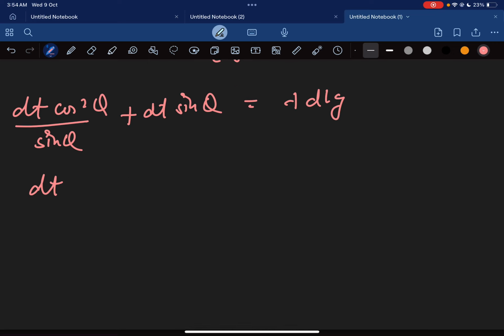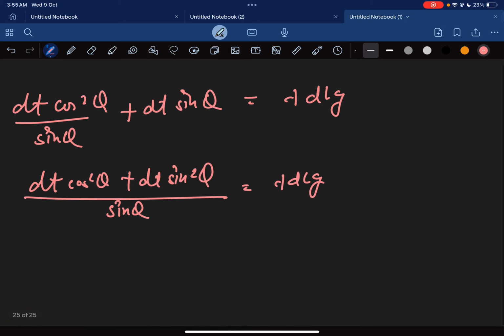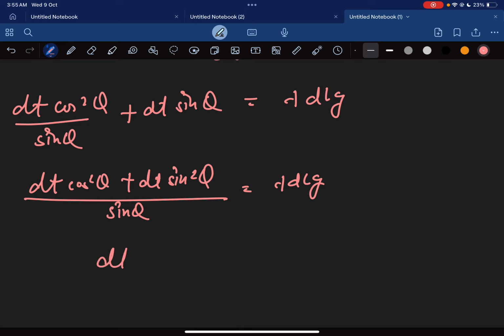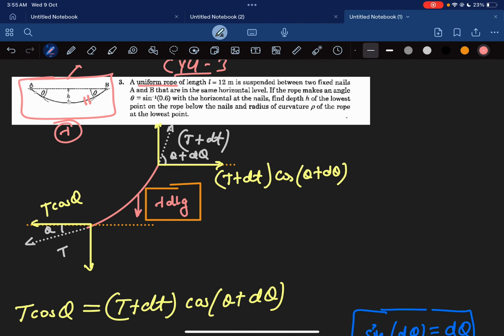So dT (cos square theta plus sin square theta) by sin theta is equal to lambda dl g. So I'm left with dT equal to lambda dl g sin theta. I guess now you will solve it further, and from here just integrate it from T1 to T2 and you will get your answer.